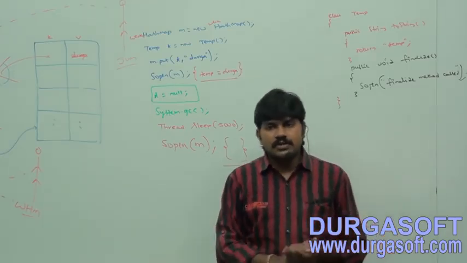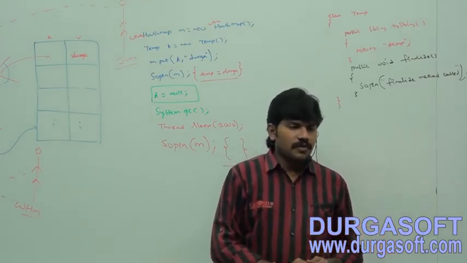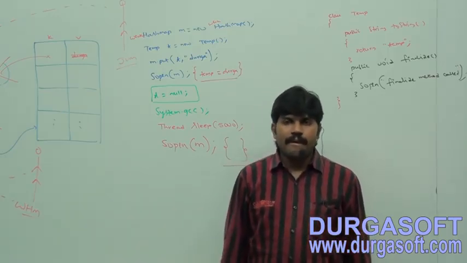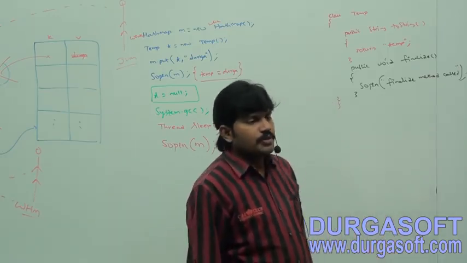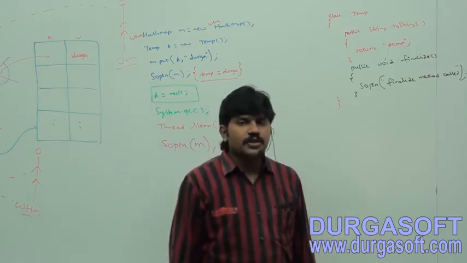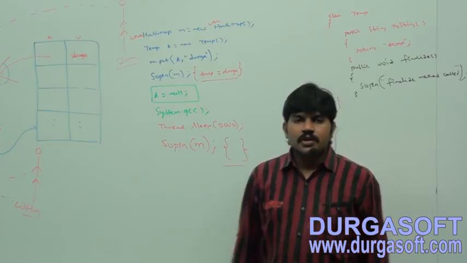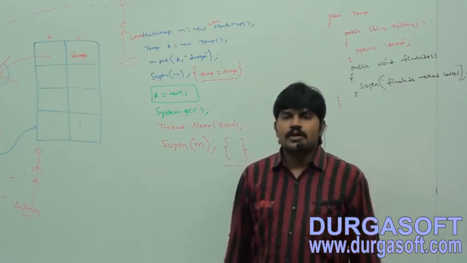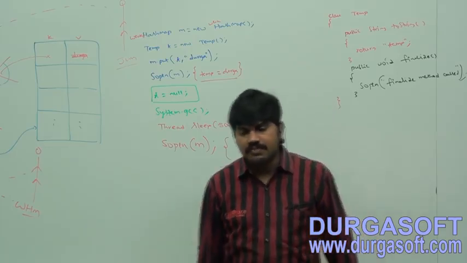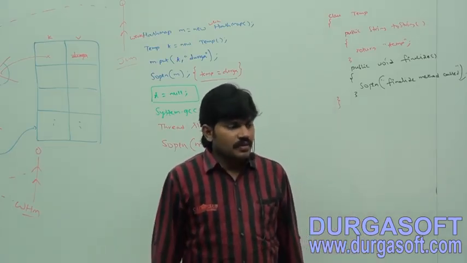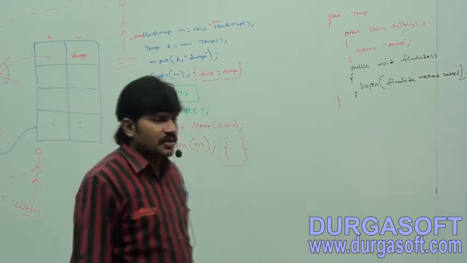It is eligible for GC even though the object is associated with a WeakHashMap.